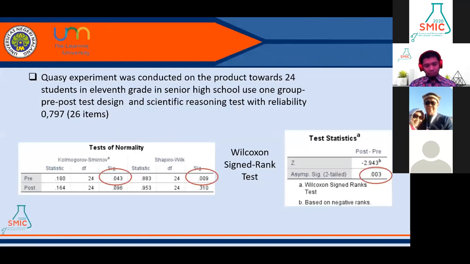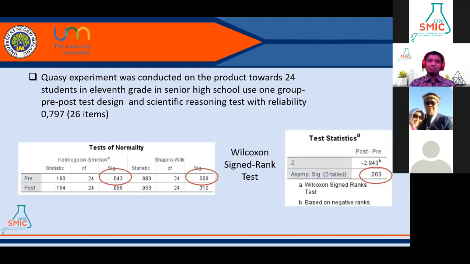And for the quasi experiment design, we use a one group pre-post test design with 24 students in 11th grade in senior high school, and we use a scientific reasoning test with reliability 0.797 with 26 items. The result is that our data is not normally distributed.